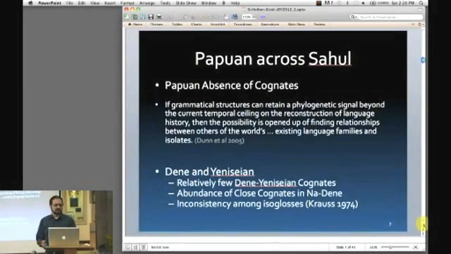There's an abundance of close cognates in Na-Dene, which makes the family look a lot younger linguistically than the archaeological record seems to indicate, that the families have been present here, in Alaska, for instance. And there's inconsistency among the isoglosses in northern Athabascan, for instance, where you don't see clear groupings, but have isoglosses pointing in multiple relationships.